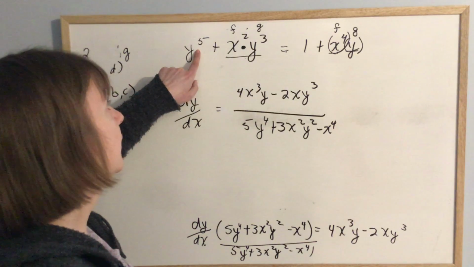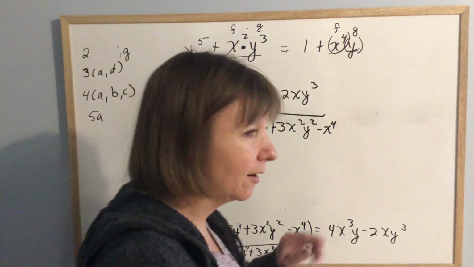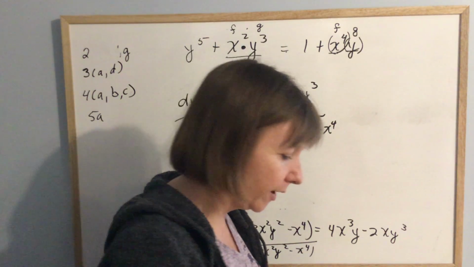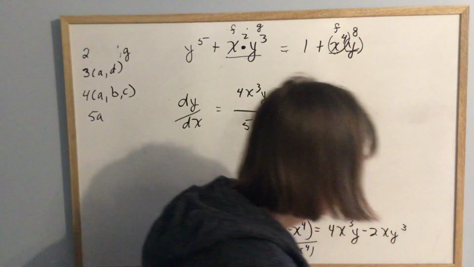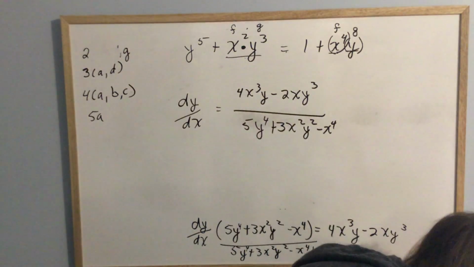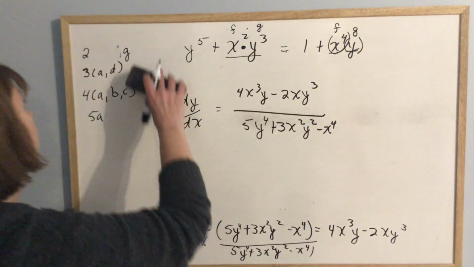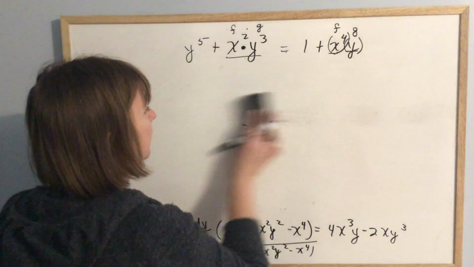Because when I did the derivative of this, it should be 5y to the fourth. Somewhere I dropped it along the way, either right at the beginning or later on, I'm not sure. All right, so other than that, I was right. I just randomly dropped an exponent for some reason. So that's 2. So now we're moving on to 3.